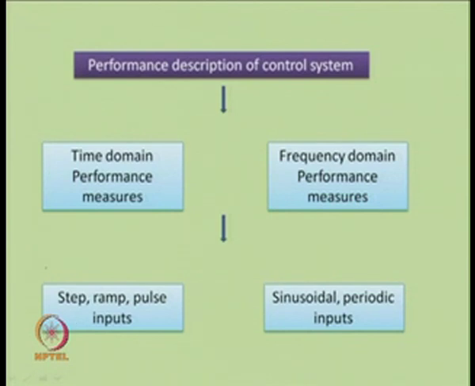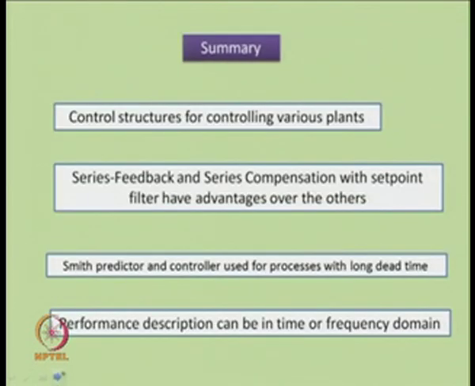Time domain performance measures are obtained with step, ramp or impulse inputs, whereas frequency domain performance measures are generally obtained with sinusoidal periodic inputs to the closed loop systems. Performance description of control systems will be discussed in detail in our next lecture. Let me conclude with this lecture.